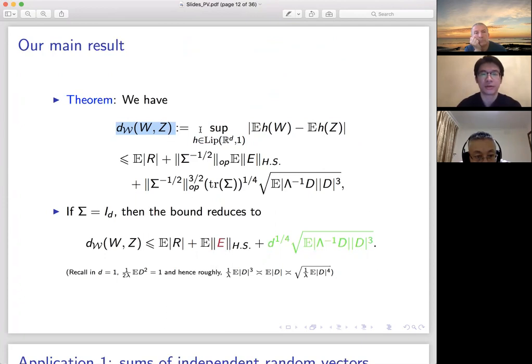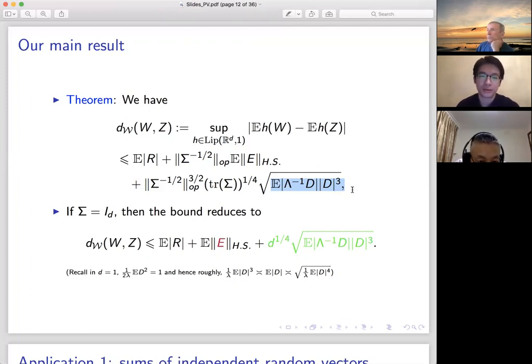It's a natural generalization to the multidimensional case. So we have this upper bound. We have similar terms involving the operator norm of the inverse of the covariance matrix, so we also need the covariance matrix to be invertible. And we have terms involving the trace of this covariance matrix and slightly different terms in the third moment term.